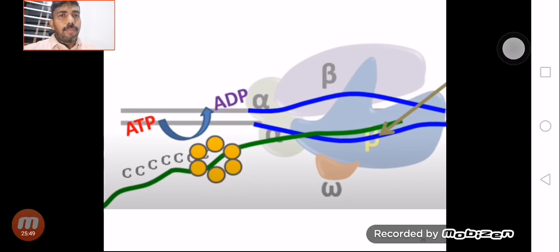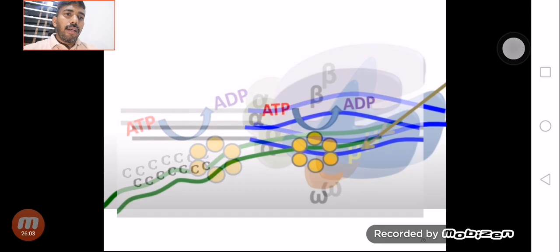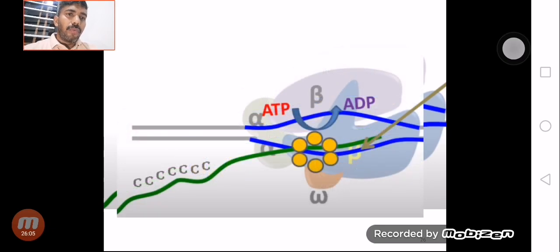and once the rho protein is bound over the rut site, with the help of ATPase activity they use the energy from ATP and they will move along the RNA polymerase, and this will reach the duplex region, that means where there is a DNA-RNA hybrid structure.